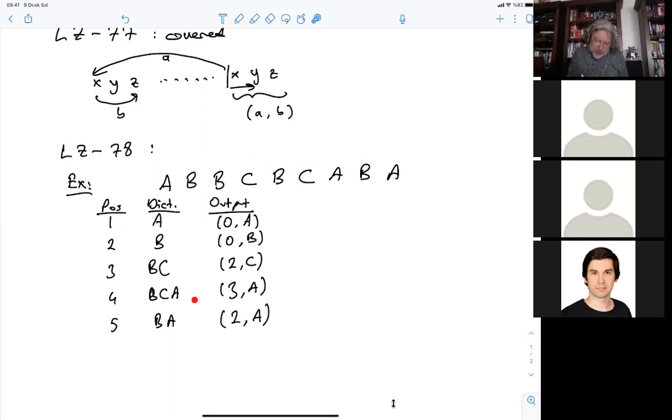Whereas when you are here, you look at 4 dictionary elements. Excuse me, 4 dictionary elements deep. Usually, therefore, looking at the dictionary is more efficient in terms of memory and in terms of computations. But in terms of finding what exactly is happening, which is the efficiency in terms of compression, well, LZ77 works slightly better.